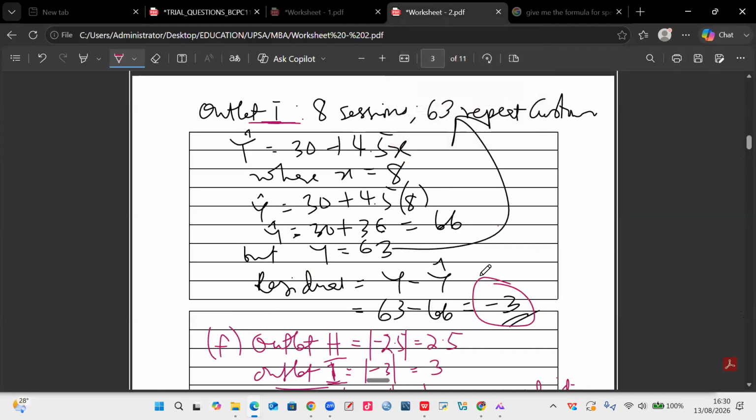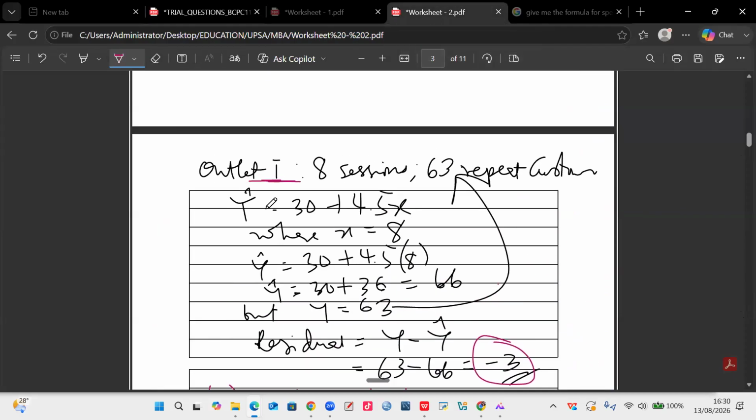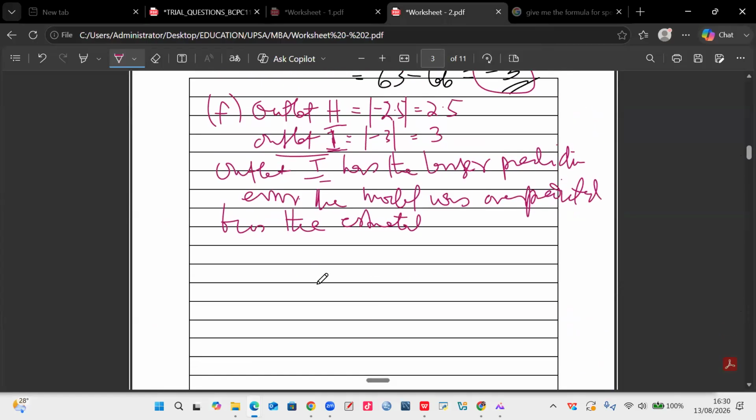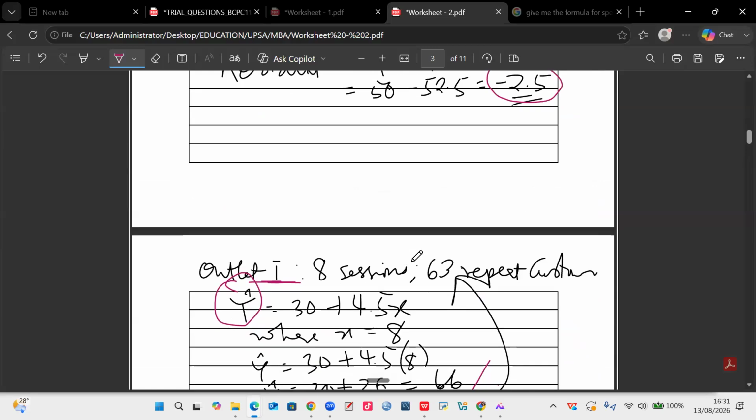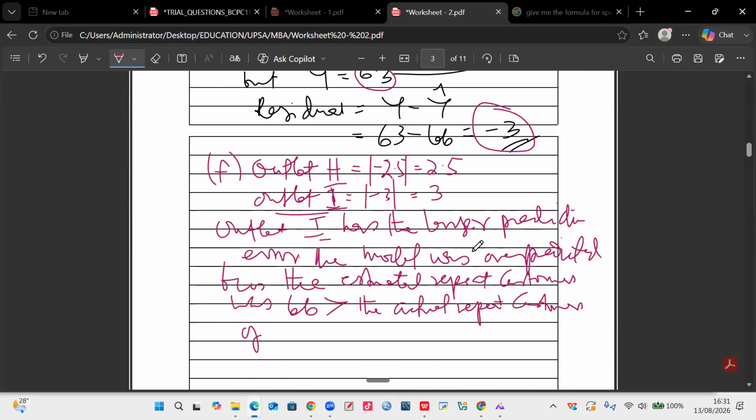If you use rank, the Y hat here is the estimated and it's 66, right? So the estimated repeat customers was 66, more than the actual repeat customers of what? 63. That's it.